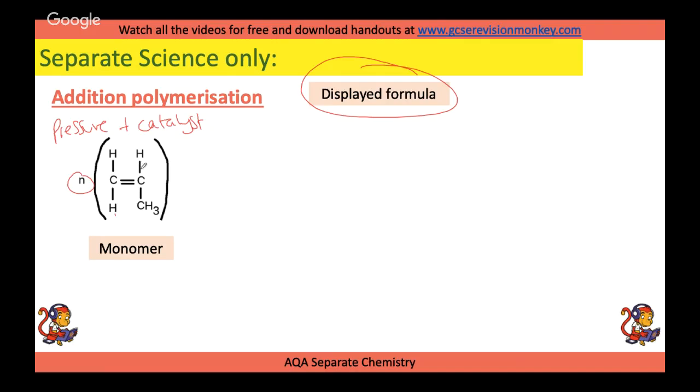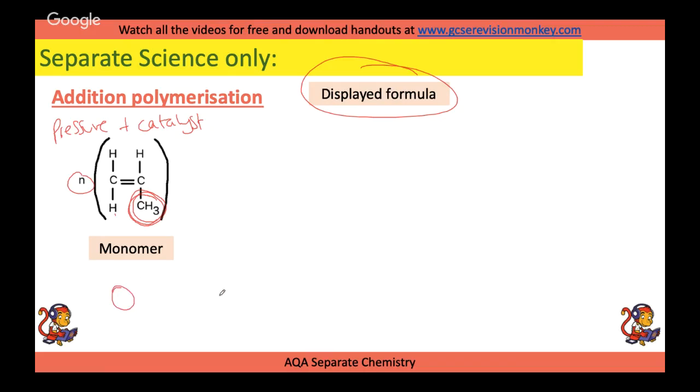So if you're asked to draw a monomer, you draw the alkene in with a double bond inside brackets. And everything else tends to be bunched up here. So we just put the CH3 here, or it could be C2 with the H's down here, depending on the molecule. So if we put lots of those together under extreme pressure, we can produce a long molecule.